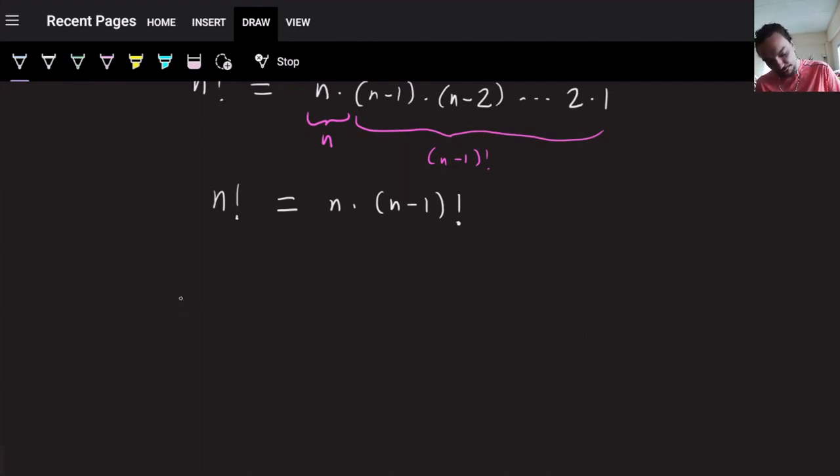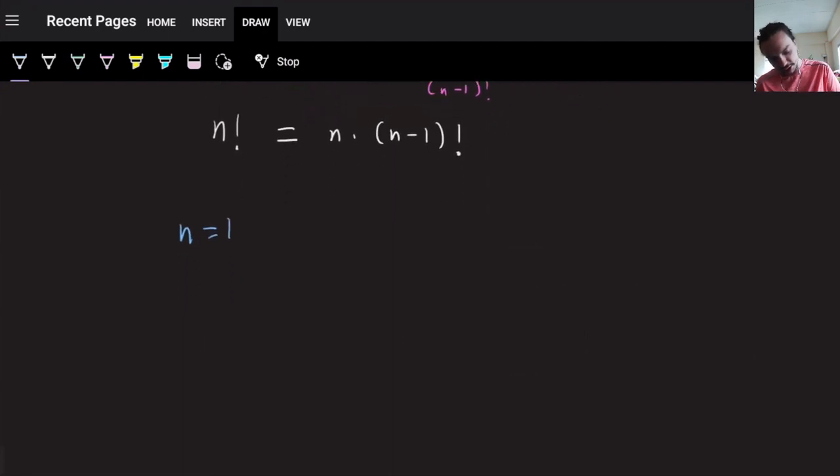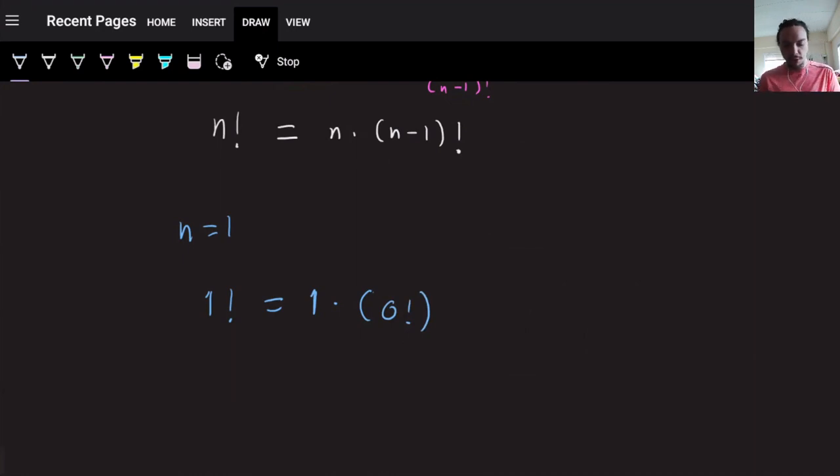Well, if we pick n equals 1, then we get that 1 factorial is equal to 1 times 1 minus 1 factorial, which is 0 factorial. Well, we know that 1 factorial is just 1. And so if we divide 1 by 1, we get that 0 factorial should be equal to 1.